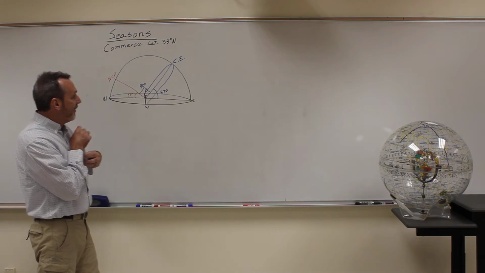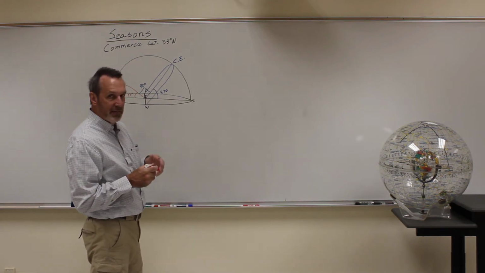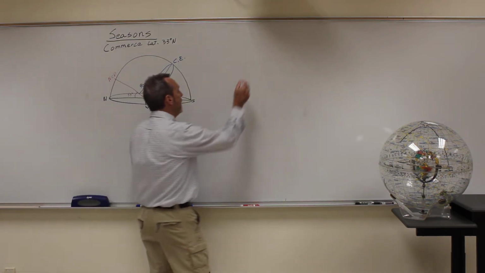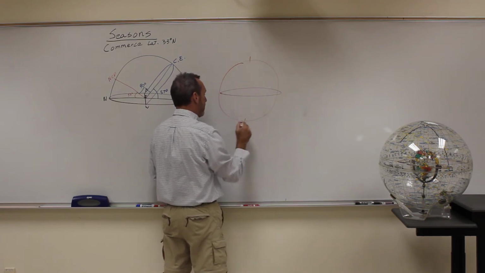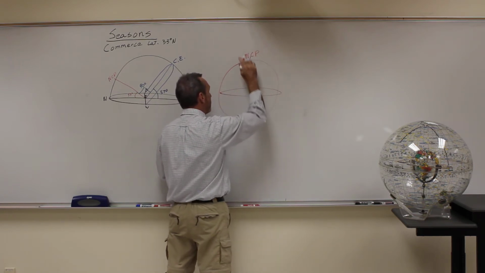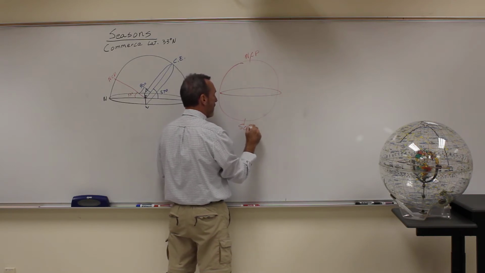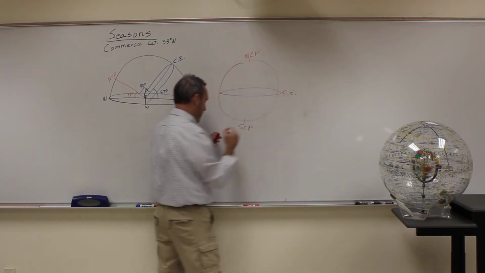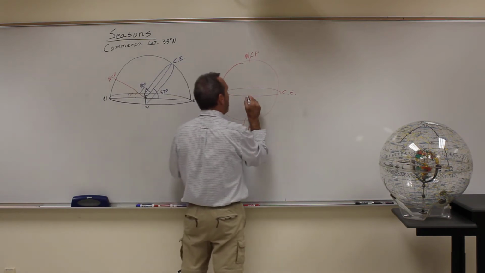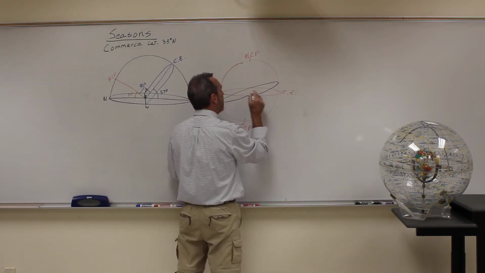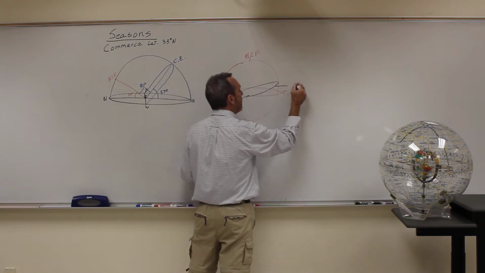All right. We figured out that the sun is going to change its declination throughout the year. So remember, these are the north and south celestial poles. This is the celestial equator. And we had to put in the ecliptic, or the path of the sun, and it has this 23.5-degree tilt.